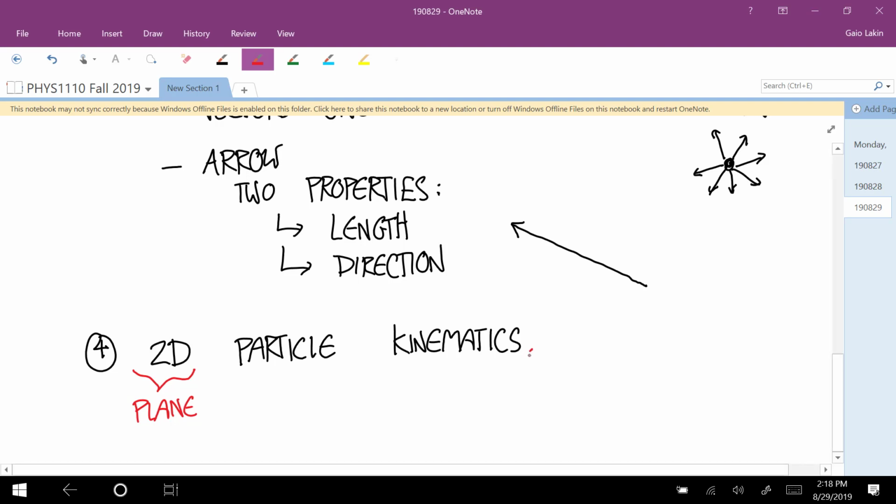And so we're still just going to be dealing with time, position, velocity, and acceleration.